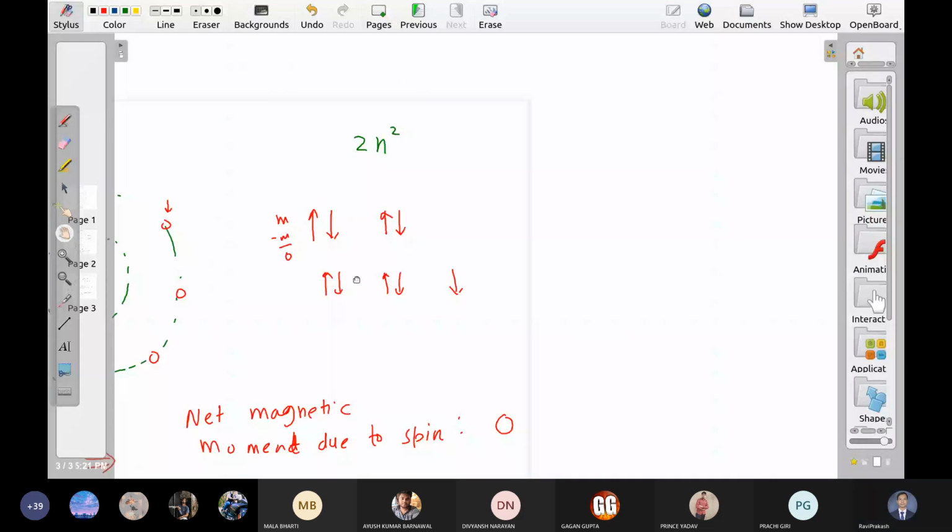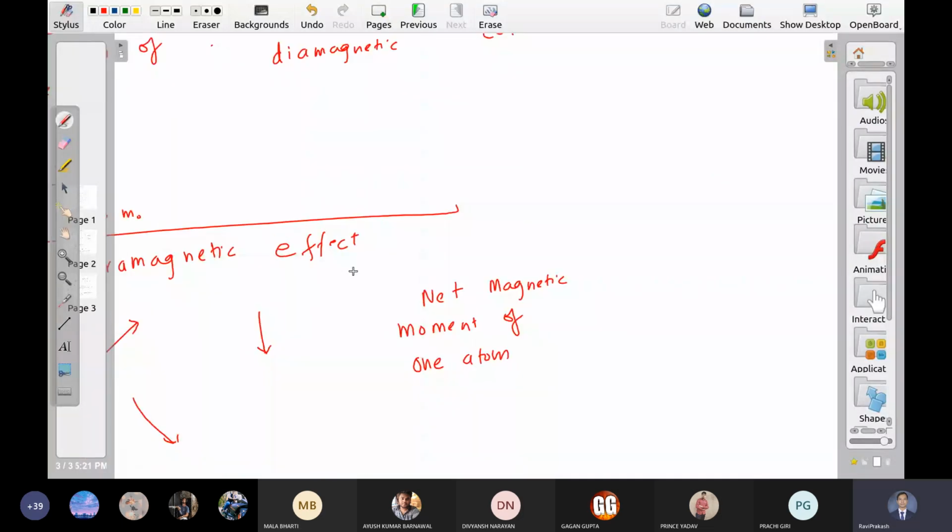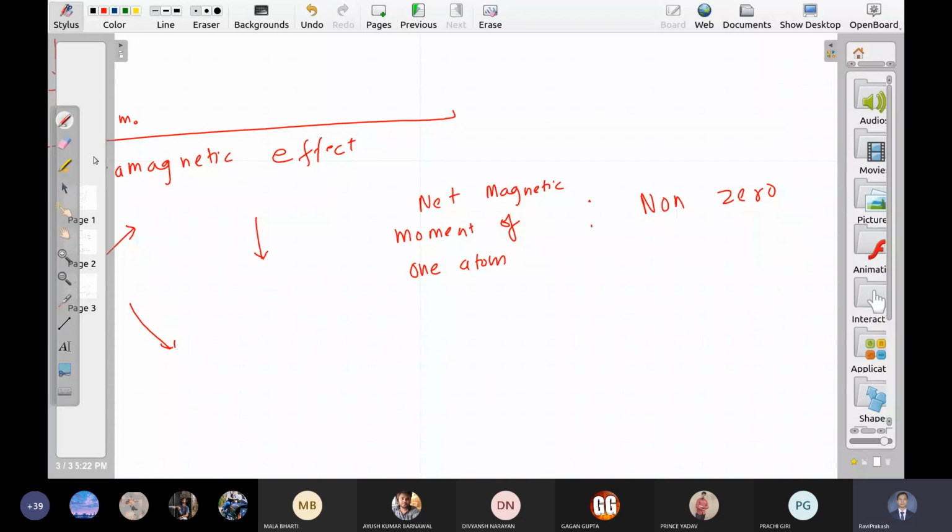Now, net magnetic moment of one atom is non-zero. But net magnetic moment of the whole sample, is this also non-zero? क्या ये भी non-zero होगा?